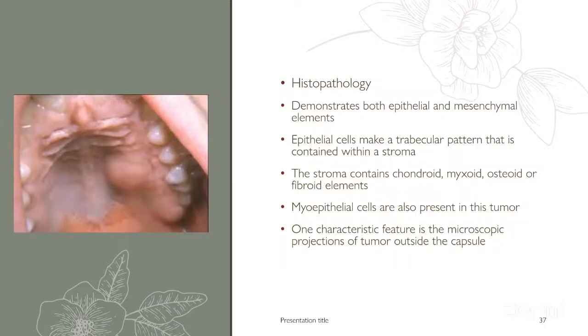So histopathologically, you can see the epithelial and mesenchymal elements, and clinically it presents as a slow-growing swelling with well-defined margins. And regarding the tumors of salivary glands, we should be able to know the differences between benign and malignant tumors.